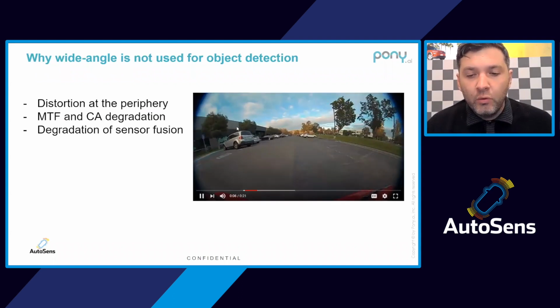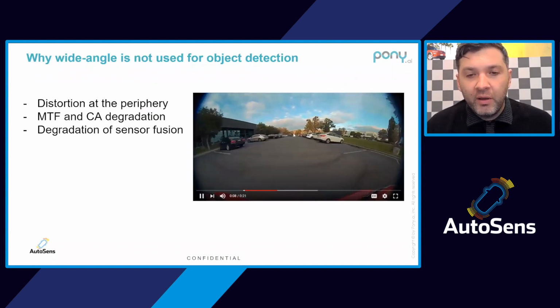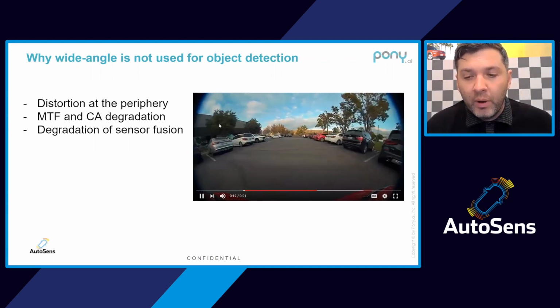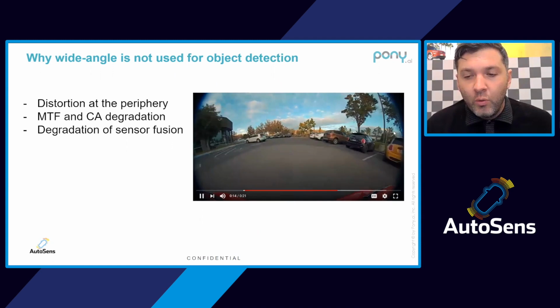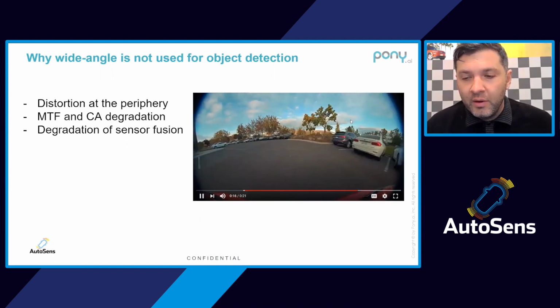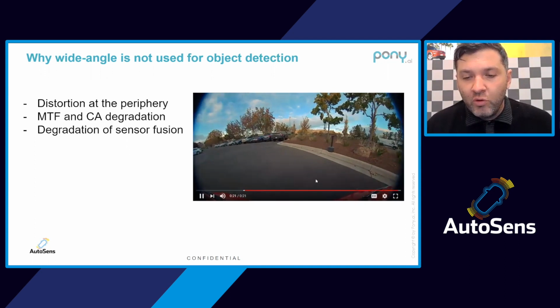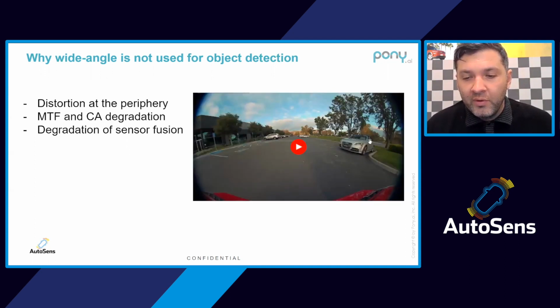And as you notice, the stream that I have shown was captured by a wide-angle camera with 180 horizontal field of view, which has some image circle and also distortion in the periphery of the image.